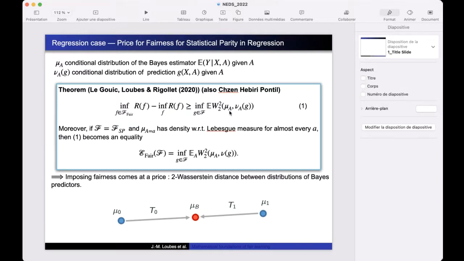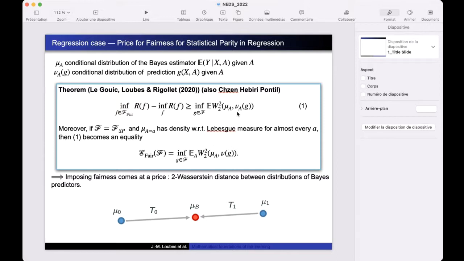So mu A, again, is the conditional distribution of the bias estimator given A, and mu A of G is a distribution of the classifier I choose, the regression function I choose, given A. So now, if I want to enforce fairness, that means if I want to choose G, which is fair, in the sense that mu A does not depend on A, then my price for fairness becomes an equality, and here is the excess of risk, which is just the infimum over all G which have distribution that minimize this criterion.